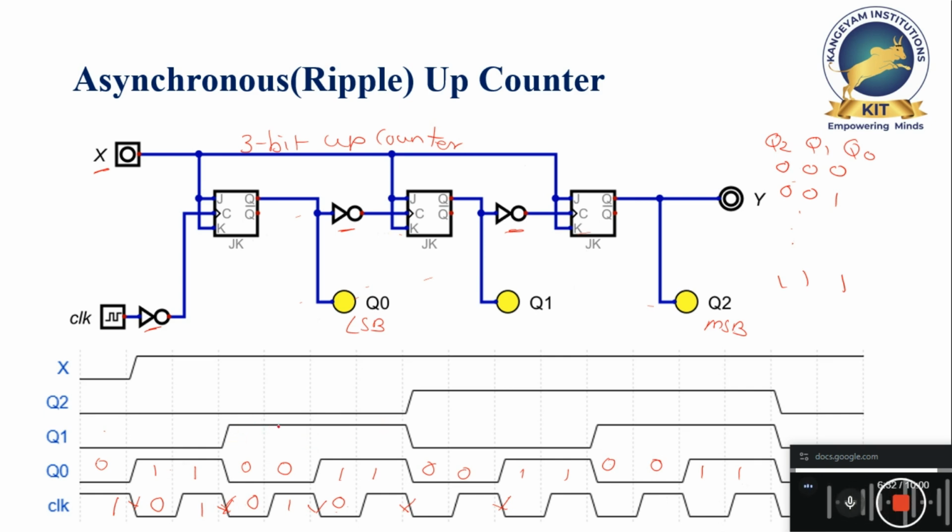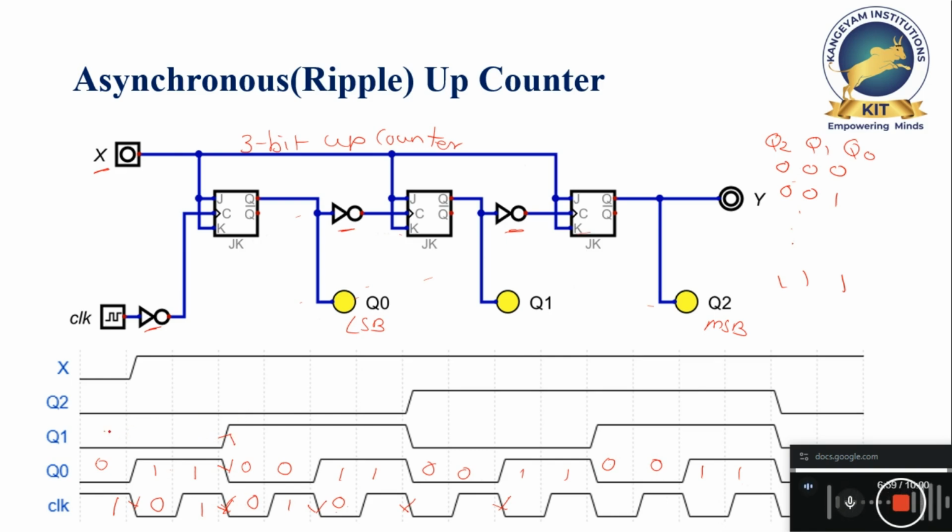For Q1, the clock pulse is nothing but the Q0 signal. So now assume this is the clock pulse for Q1. As I told you, whenever a negative transition, a 1 to 0 transition, comes, the flip flop starts producing the output. So when Q0 goes from 1 to 0, Q1 starts producing the output.